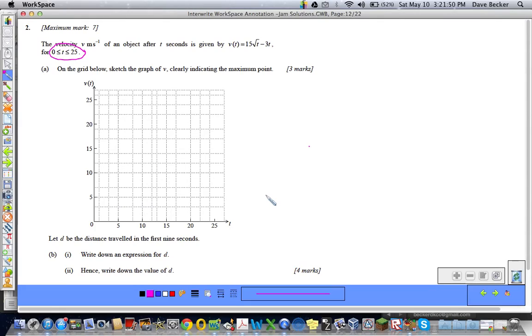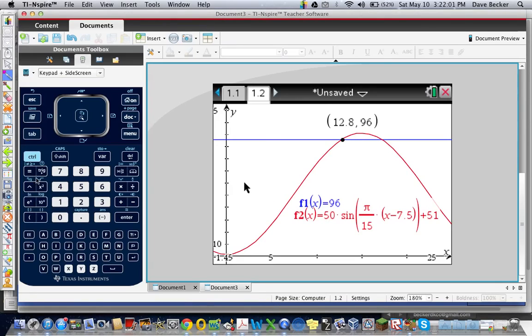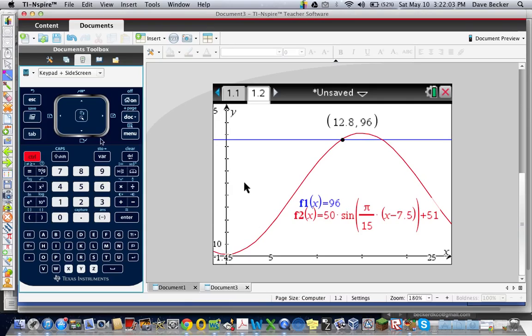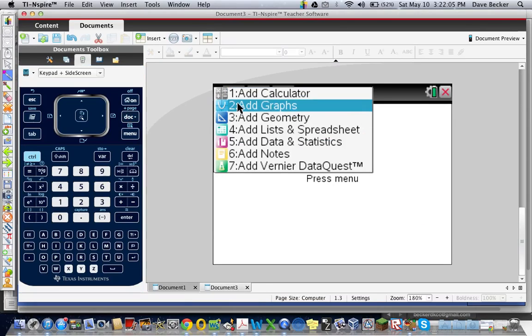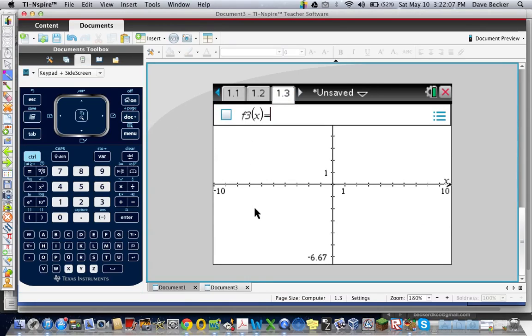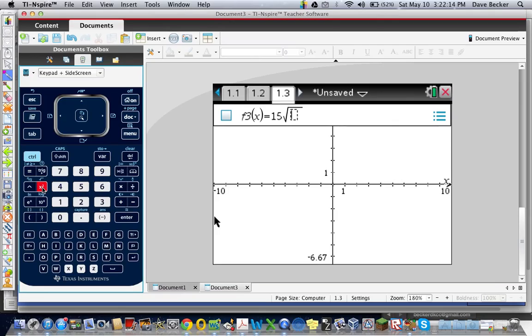So we have 15 root t minus 3t. I had to write it down so I don't have to go back and forth. Let's go to the calculator. I'm going to go to a brand new screen, start over, and let's add a graph. And we are going to graph 15 square root x, remember to use x, not t, don't get into a panic there, minus 3x.